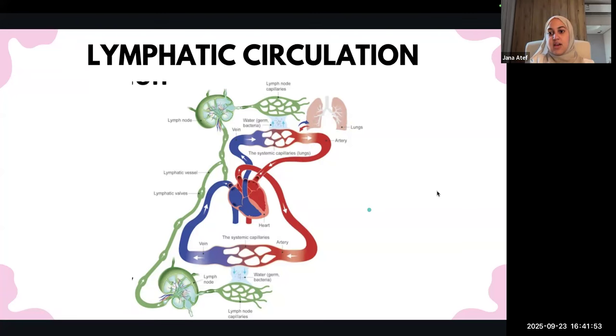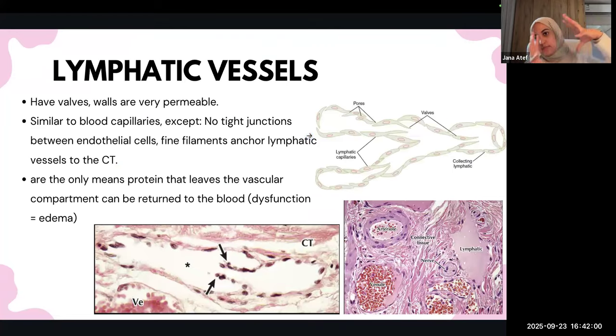I didn't get the protein thing. Okay, the protein thing is in another lecture, but I'll mention it again here. The only kind of vessel that can transport proteins is lymph. Proteins shouldn't be in the blood, or when they do go to the blood, they just stay there and get excreted. They're either in the cells or outside the cells, and when they're outside the cells, they're in the lymph. So that's what I mean when it says it's the only way a protein can leave the vascular compartment and come back to it.